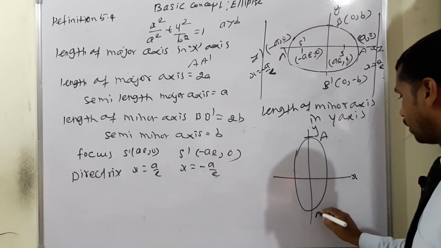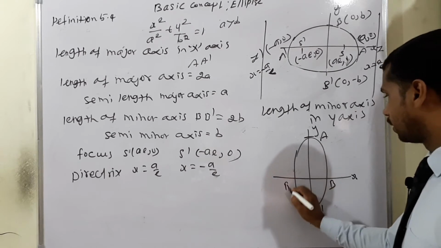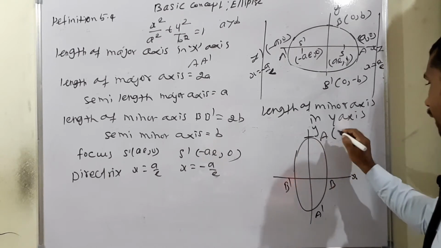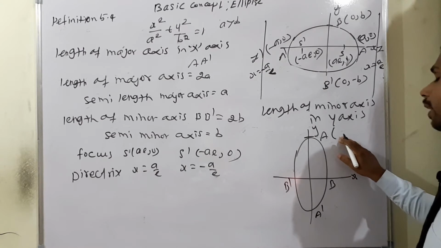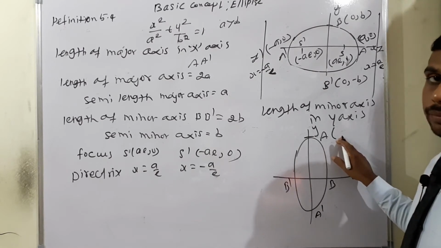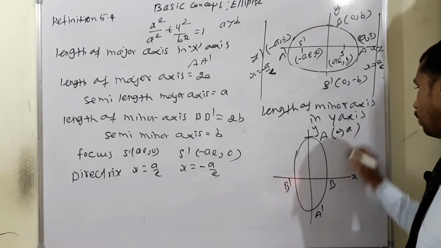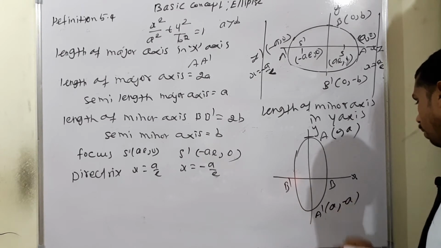This is A and A dash, this is B and B dash. On the axis, the y value will be the number and the x value will be 0, so the points are 0 comma A and 0 comma minus A.